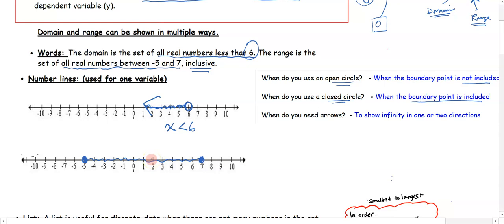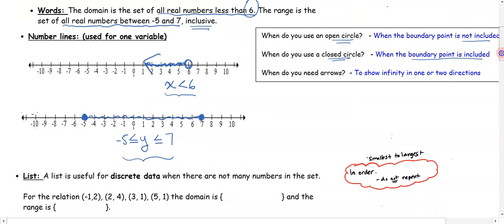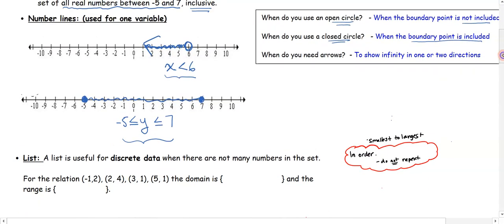So the way I do this, if it was range, for example, and we're using y, I would say all of my values I'm getting are greater than or equal, since it's inclusive, to -5, and at the same time it's smaller than or equal to 7. So there's ways to write where it falls between two numbers. There's ways to write when it falls on just one side of the boundary or the other. All right? Sometimes our data is not continuous.